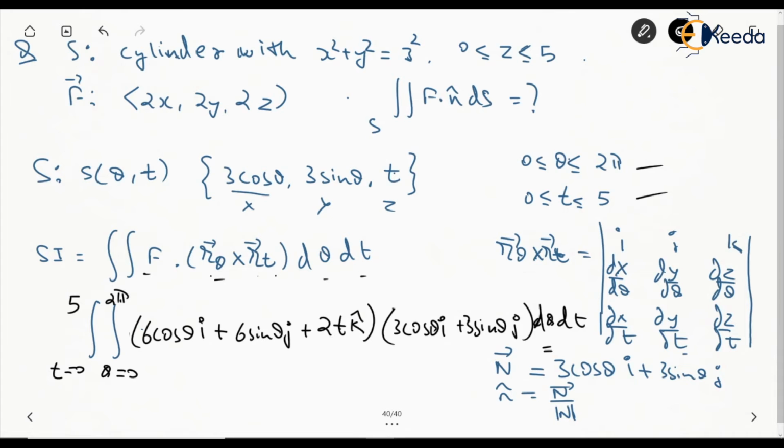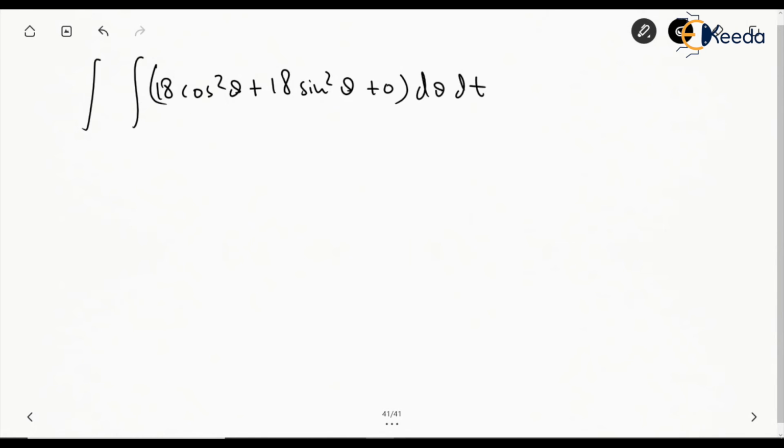Now we have to calculate this. So first we'll do the dot product and then we can calculate this. The dot product will give 6 cos theta into 3 cos theta, which will become 18 cos square theta, then 18 sin square theta plus 0, d theta dt, 0 to 2 pi and 0 to 5.